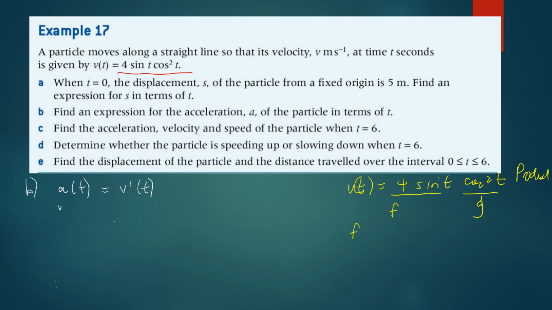Now we get the first derivative of f. It's equal to, what's the derivative of 4 sine t? It's 4 times the derivative of sine t, which is cosine t. And then let's find the derivative of g. Cosine squared t. So what rule is this? Chain rule, for this part.